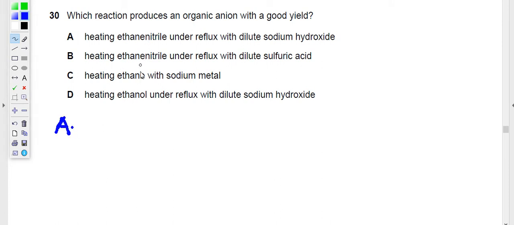Now when I have ethane nitrile, CH3CN, or you can write it as CH3C triple bond N, heat under reflux with dilute sodium hydroxide.